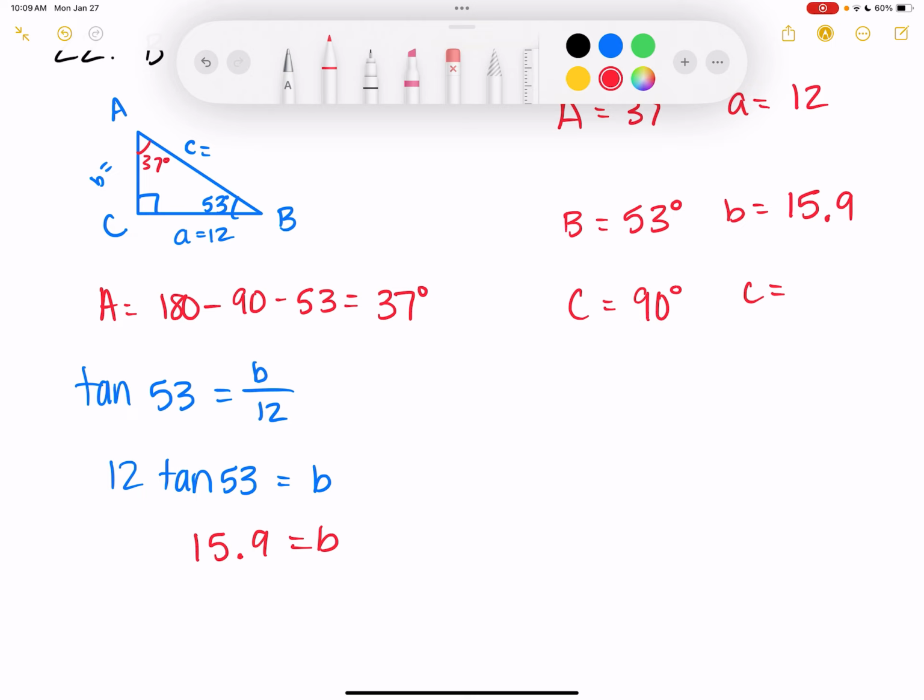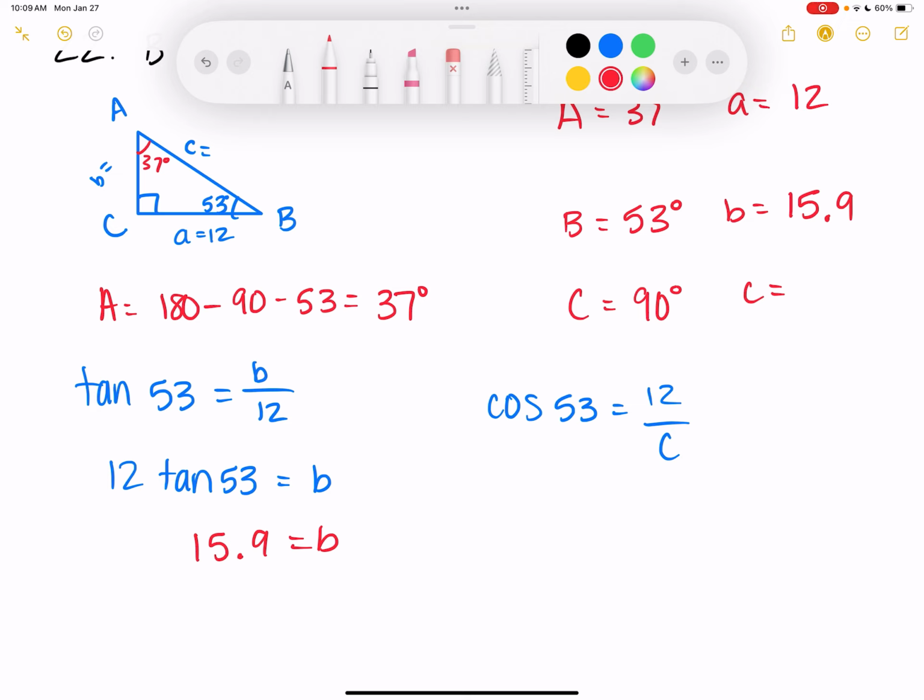Now, earlier Zach said cosine to find side C, so we'll use that one. So cosine of 53 equals adjacent, which is 12, over hypotenuse C. If I have C on the bottom, I can just swap the cosine of 53 and C. They can just swap places.